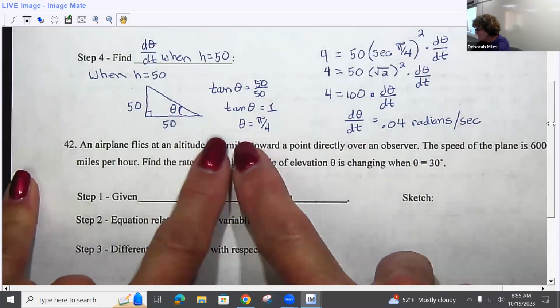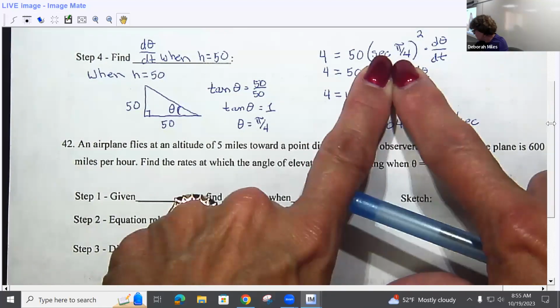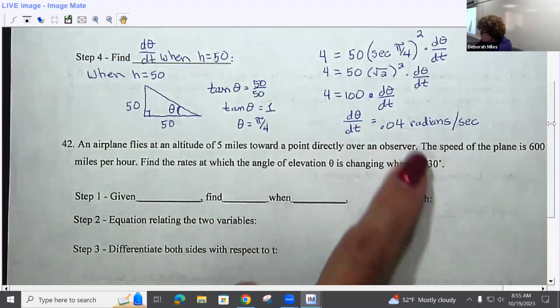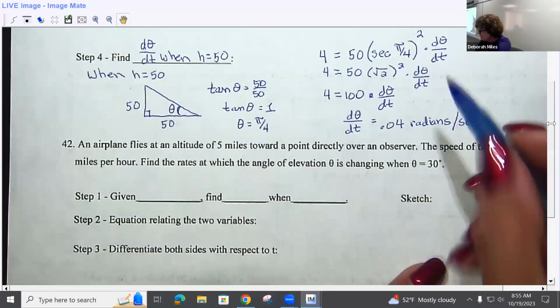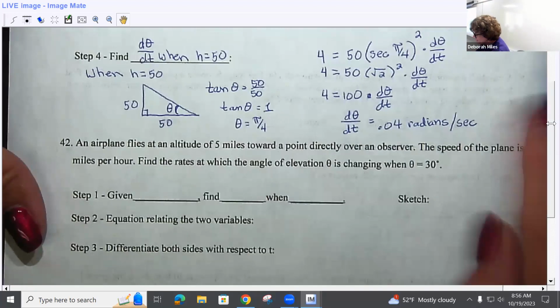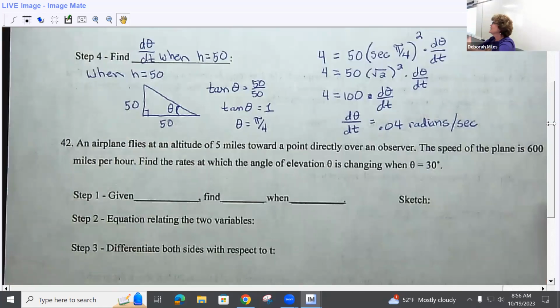But if I had used 45 degrees, the secant of pi over 4 is the same as secant of 45 degrees, and I would have gotten the same answer. The unit still would have been radians per second because the measure of radians is unitless. It's a ratio of an arc to a radius.